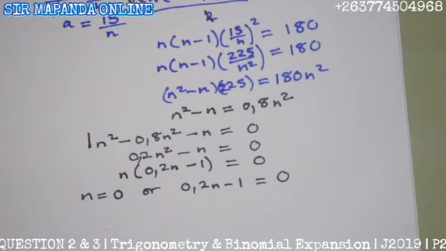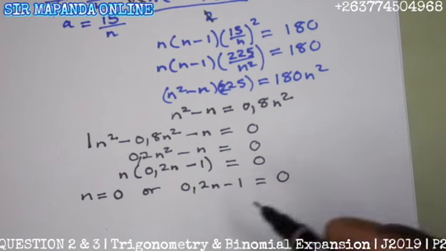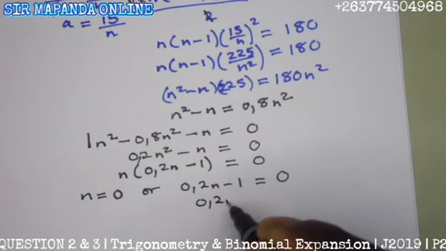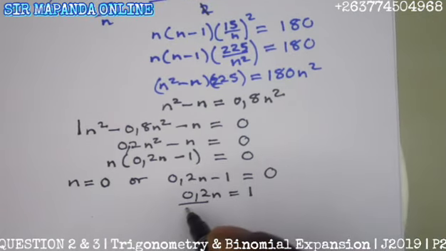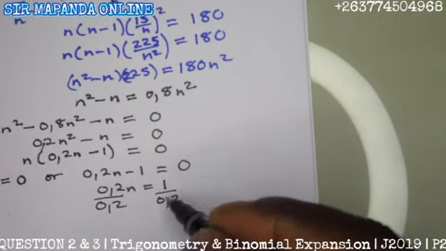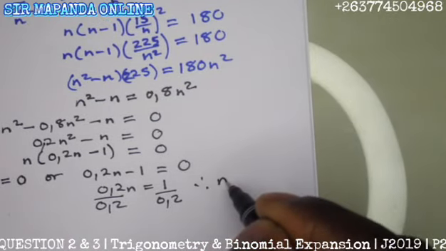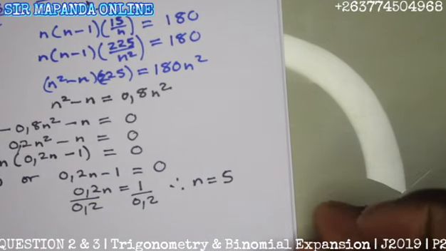So the correct solution is going to come by solving the right side. So you get 0.2 n is equal to 1. Then divide both sides by 0.2. 0.2 into 1, you get 5. So n is equal to 5. This is the value for n.